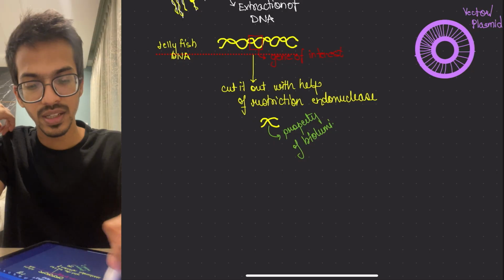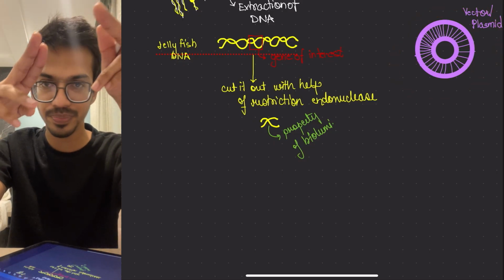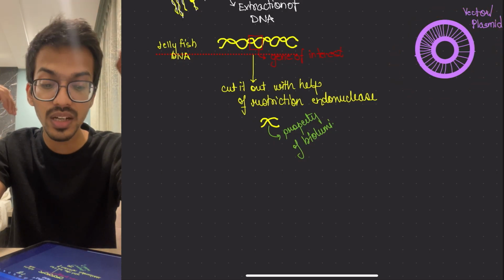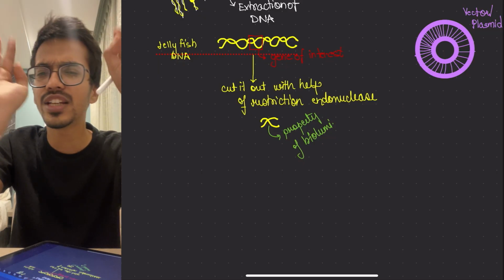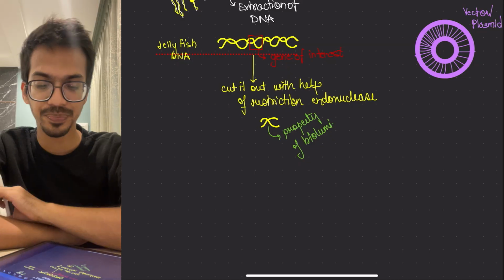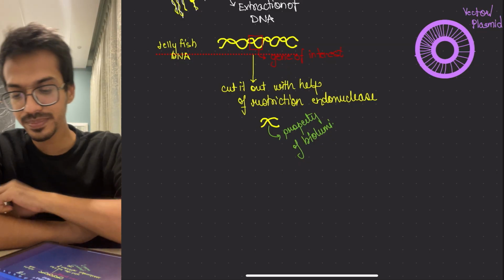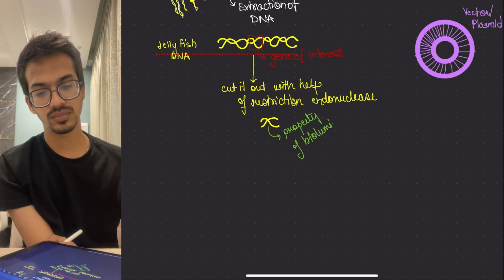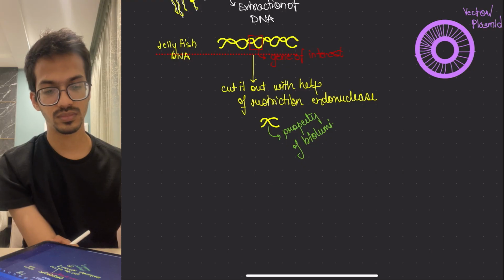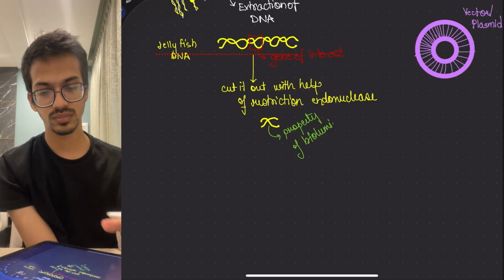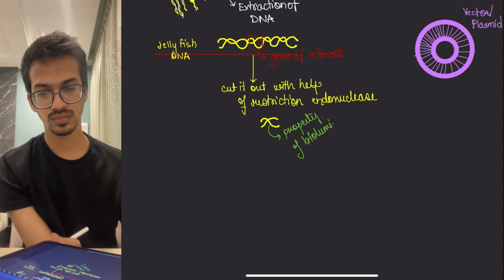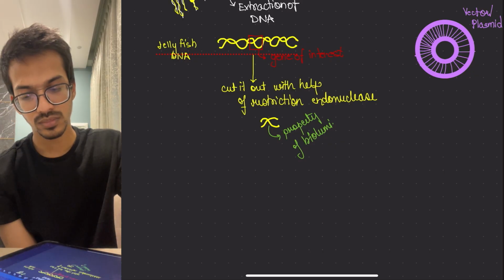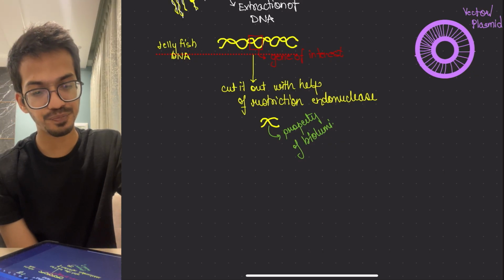This plasmid, first I will cut it. I will cut this also with the restriction endonuclease, a similar restriction endonuclease. Why similar? That I will tell you later on when we do the things. So let's just do it.